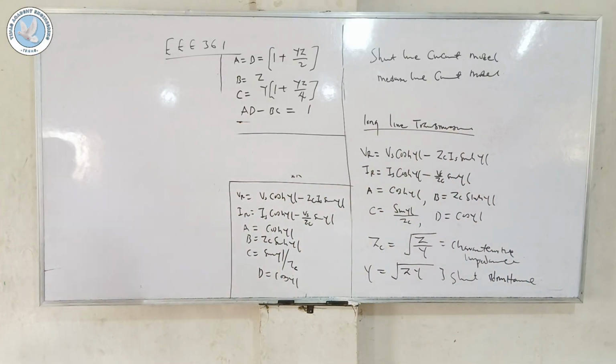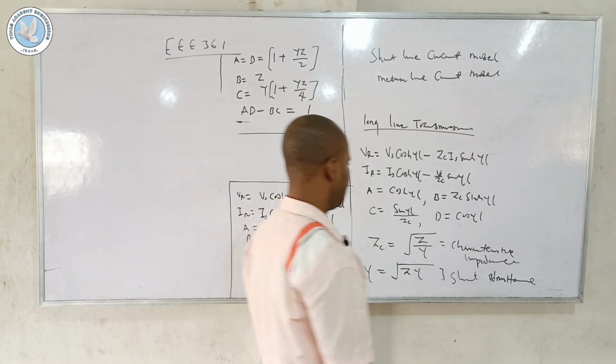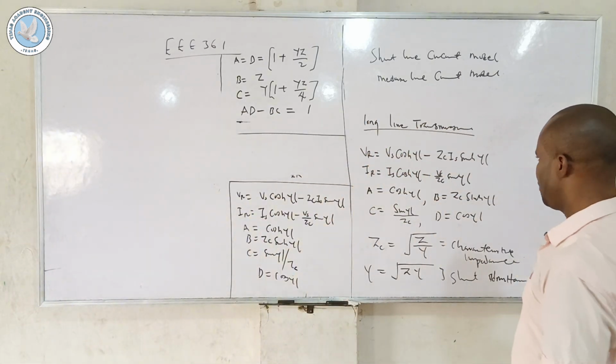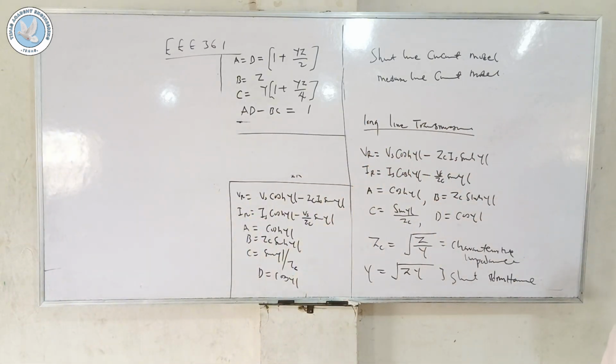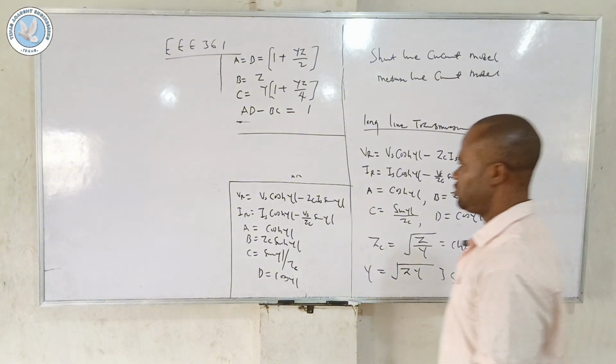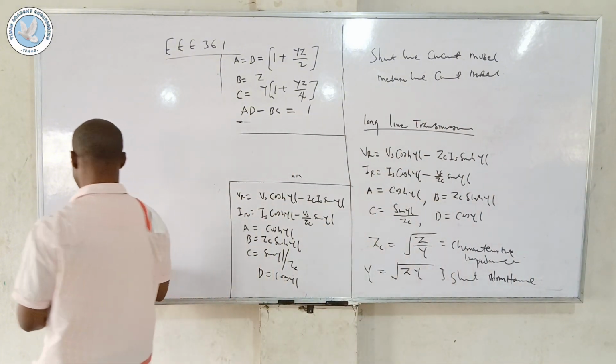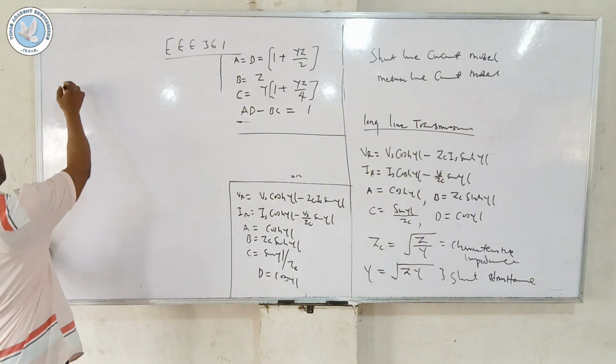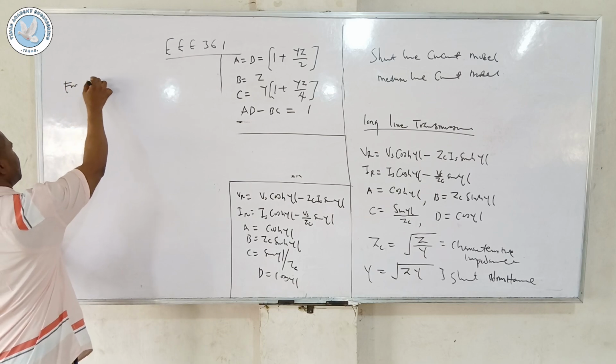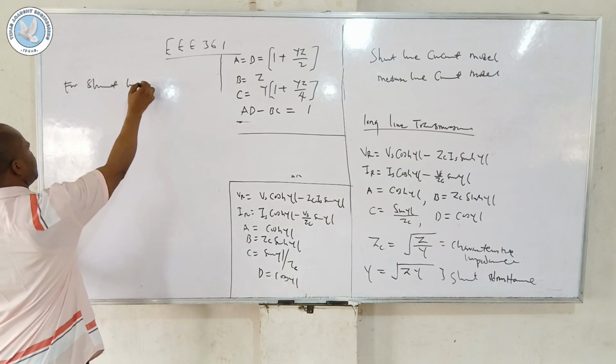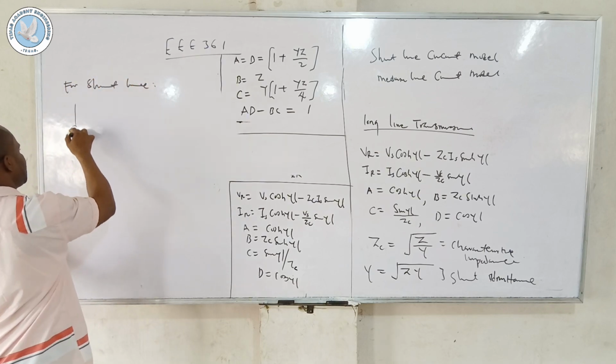But in the circuit diagram, for short line, we have the source, we have the resistance, we have the reactance, we have the load.